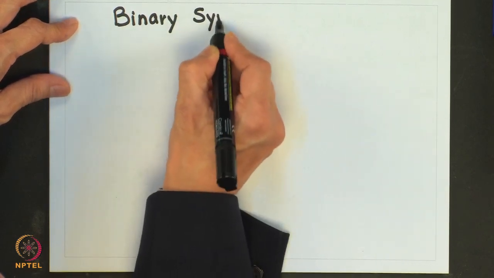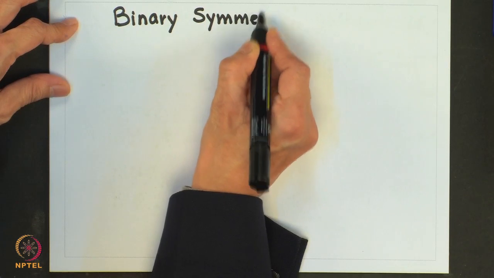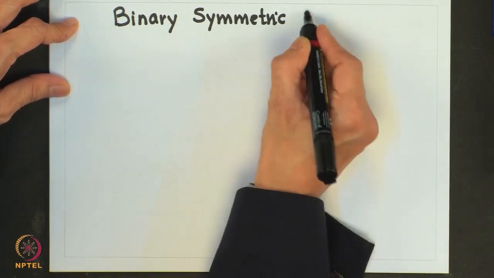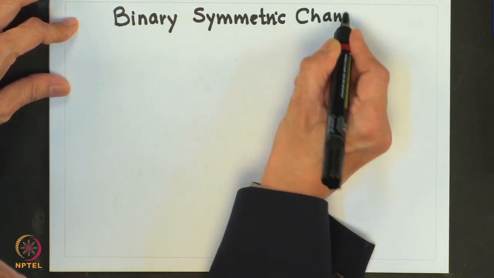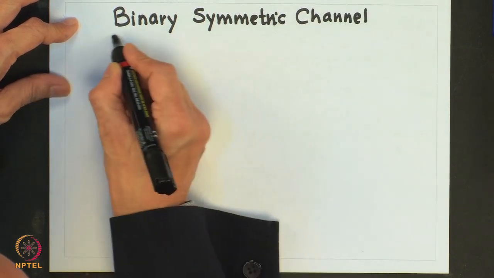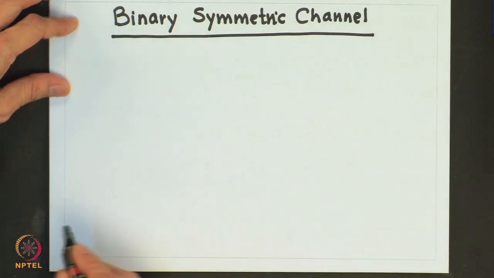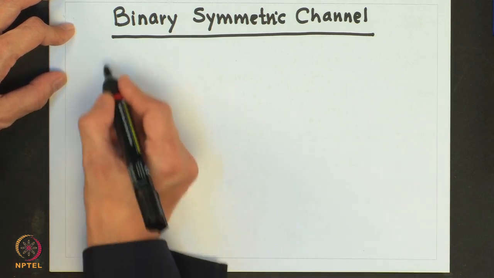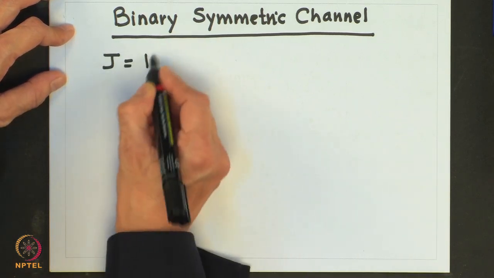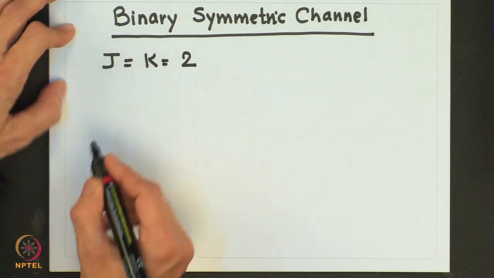Okay. So, let us take a simple case of a binary symmetric channel, like we had considered a binary discrete memoryless source. So, we have an equivalent of that. We have here J equal to K equal to 2.